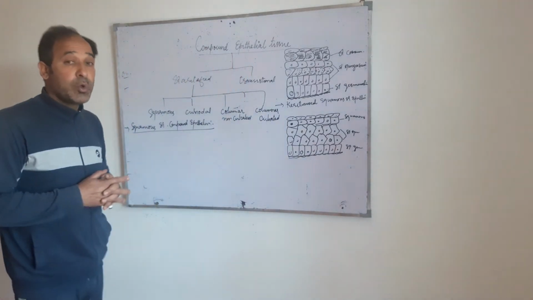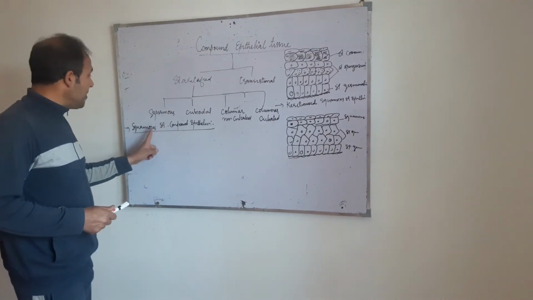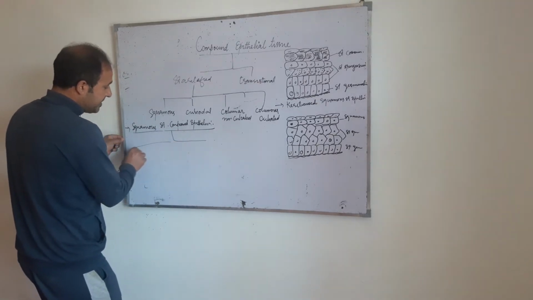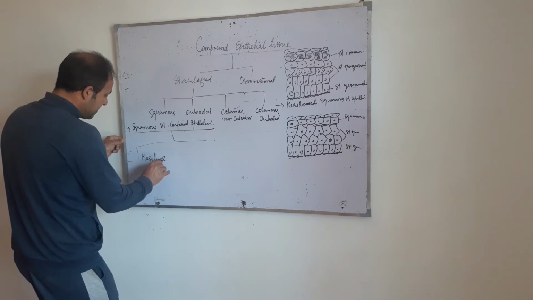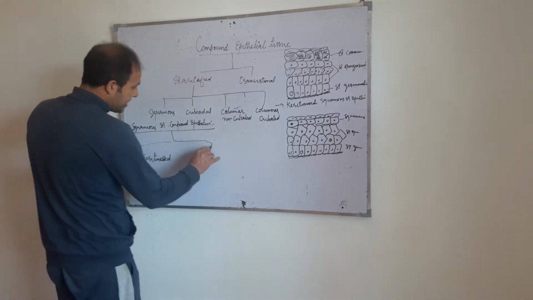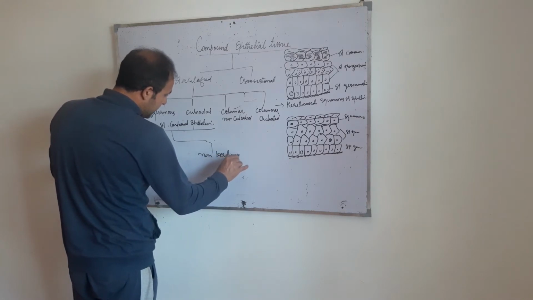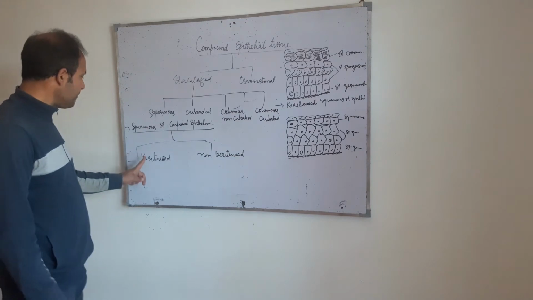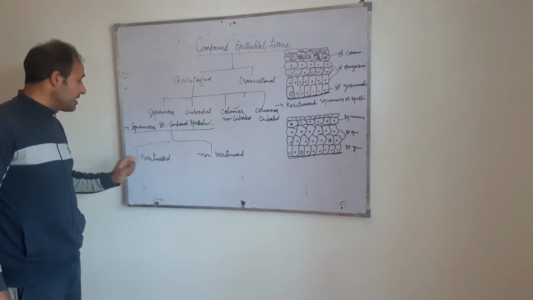It doesn't have a secretory or absorptive role. It is further of two types: one is called keratinized and the second is called non-keratinized. Now, first we will look at the keratinized.